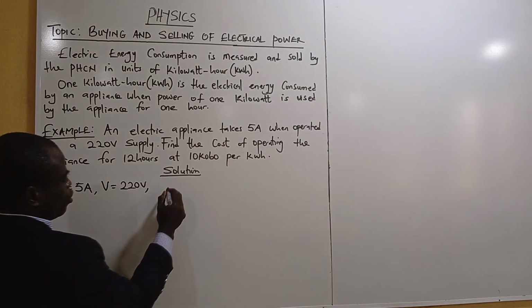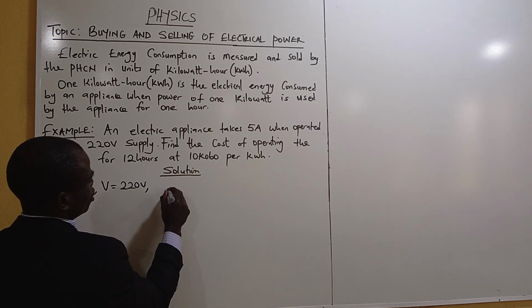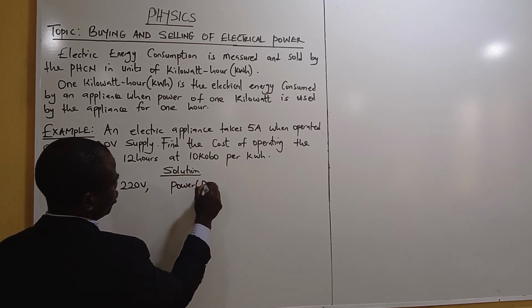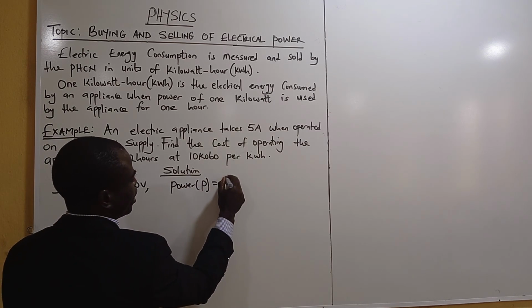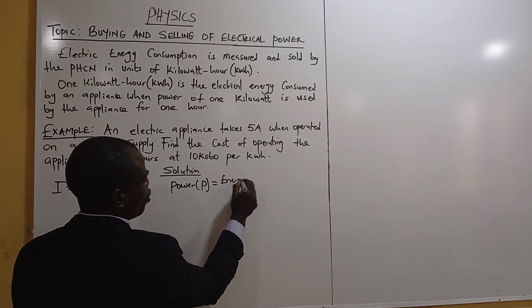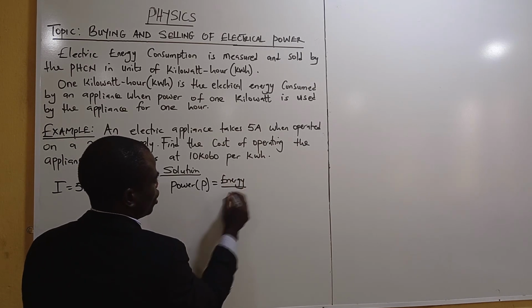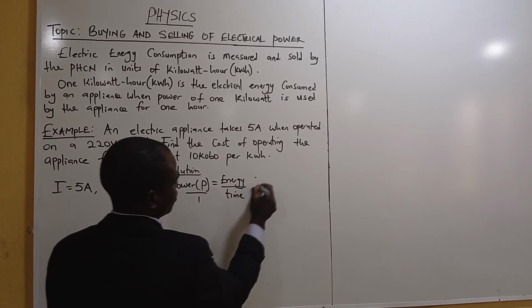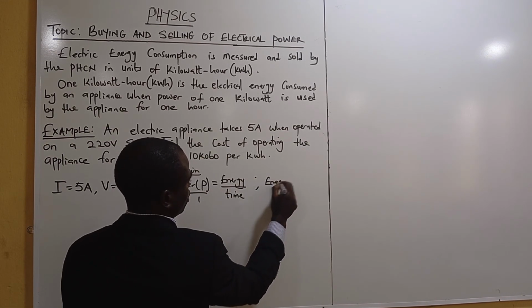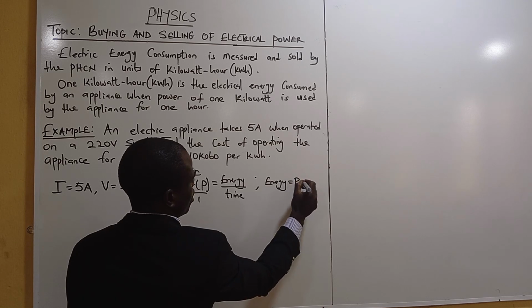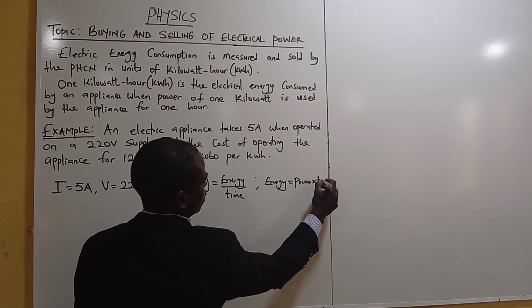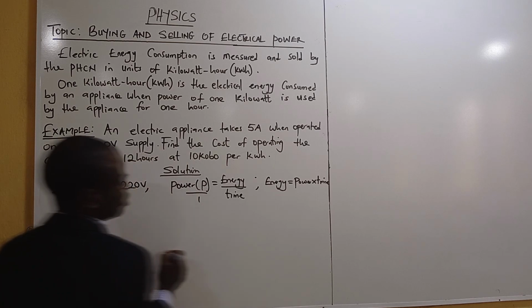Now, always remember that your power P is equal to energy or work over time taken. They are both in joules. We cross multiply: energy equals power times time taken.